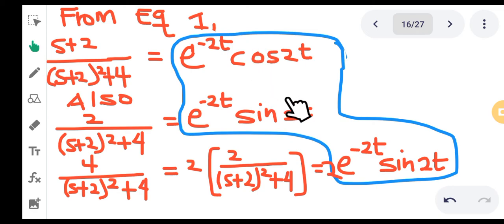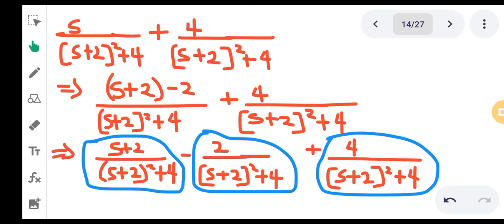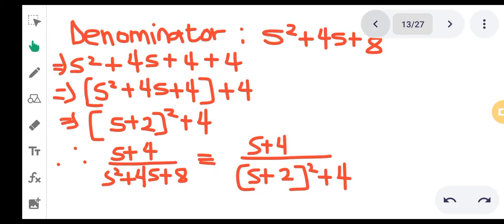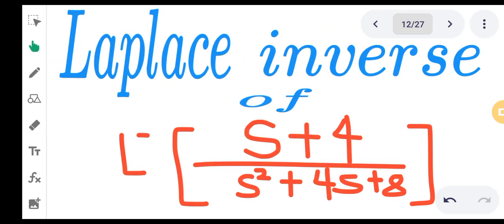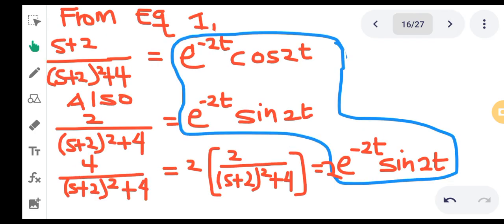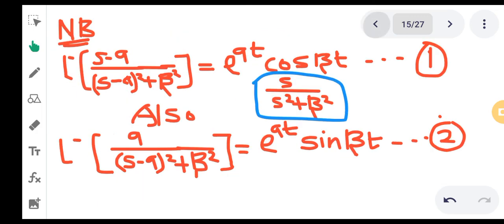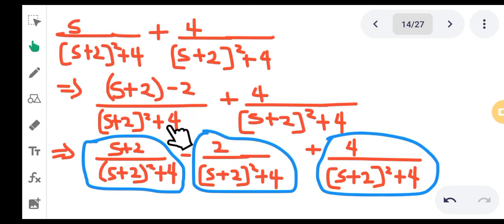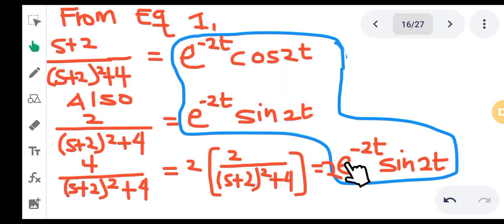So you just combine this, because we said we should find this. Now we've worked on each part, so we just add the results.